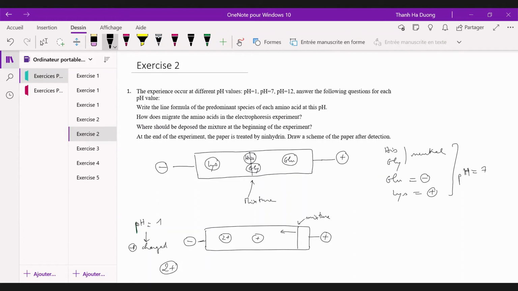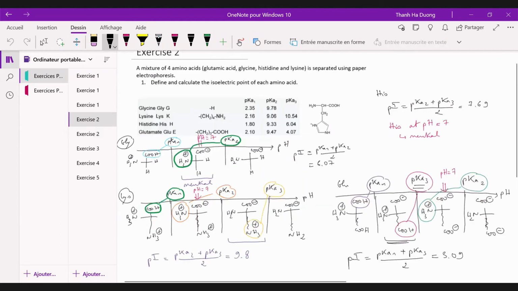Okay. So for example, in this case, lysine has 2 positive charges, is 2 plus. Glycine is only 1 plus. Glutamate is only 1 plus. Histidine will be 2 plus.